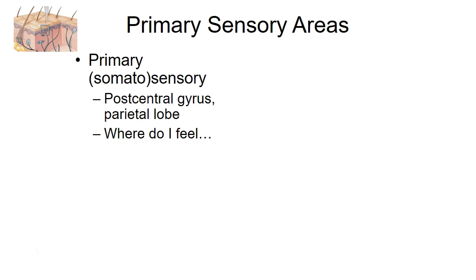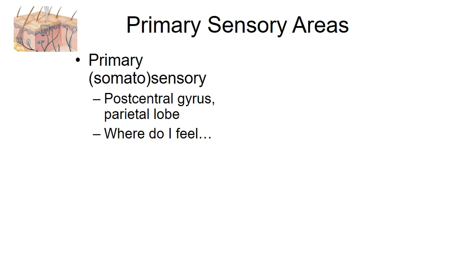And remember, this is part of the parietal lobe, because the central sulcus is separating the frontal lobe from the parietal lobe. So the precentral gyrus is in the frontal lobe, right?